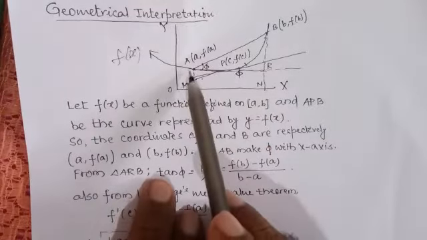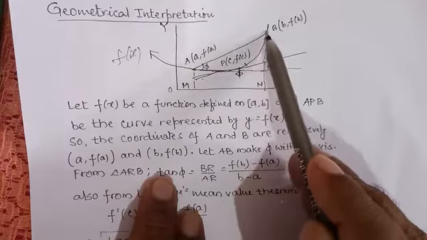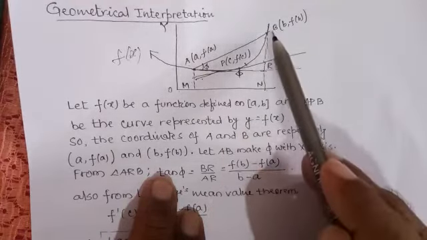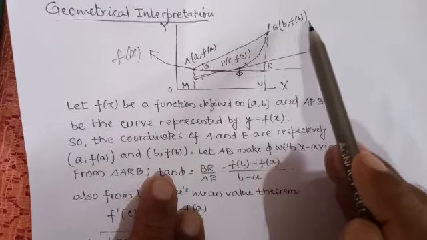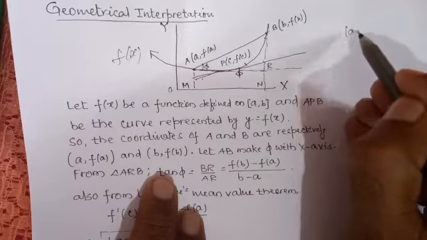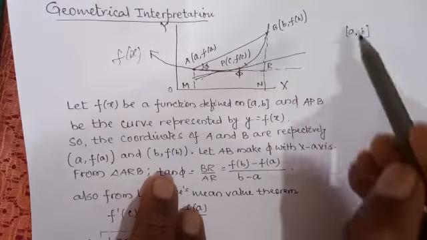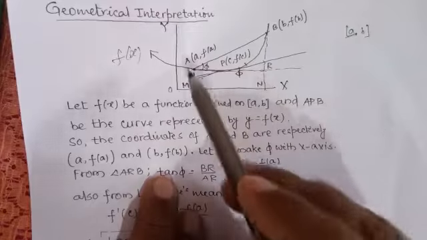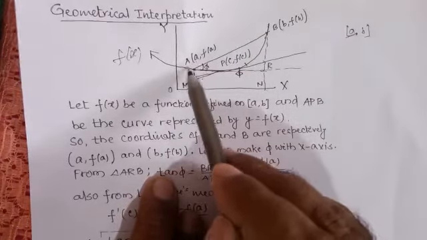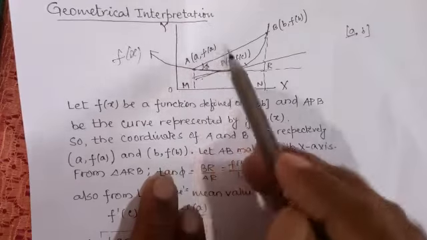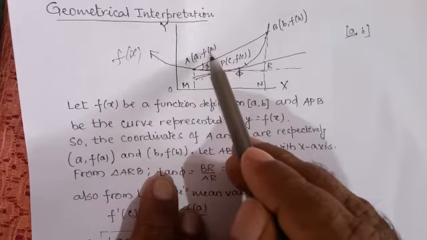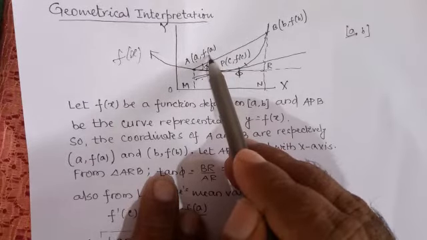Consider 2 points A and B on the curve. Since our interval is A, B, take A here as the first coordinate of point A. The second coordinate, or the y coordinate, should be FA.